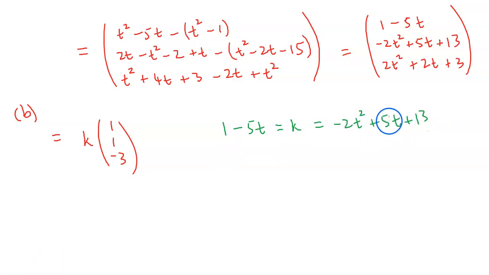So I guess actually we don't really need to do any more work. We can just observe that 1 minus 5t is equal to negative 2t squared plus 5t plus 13 and get ourselves a quadratic equation.